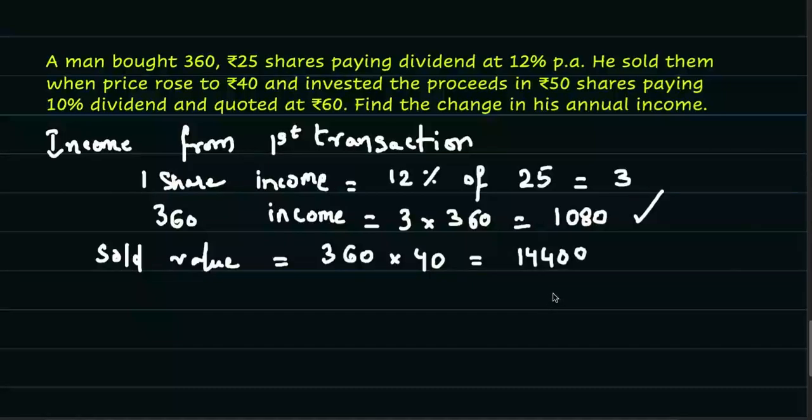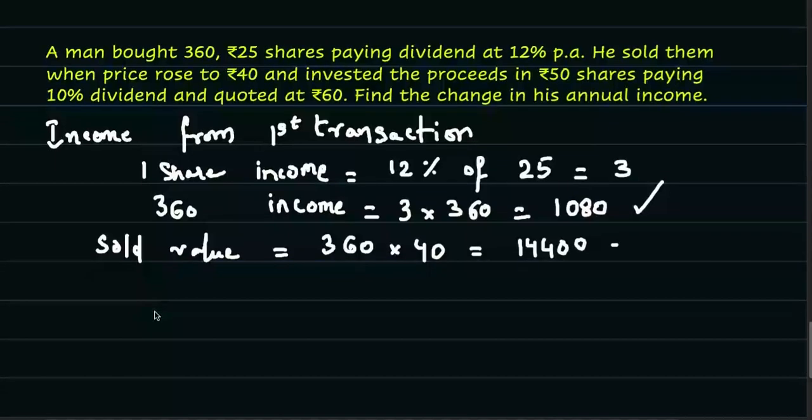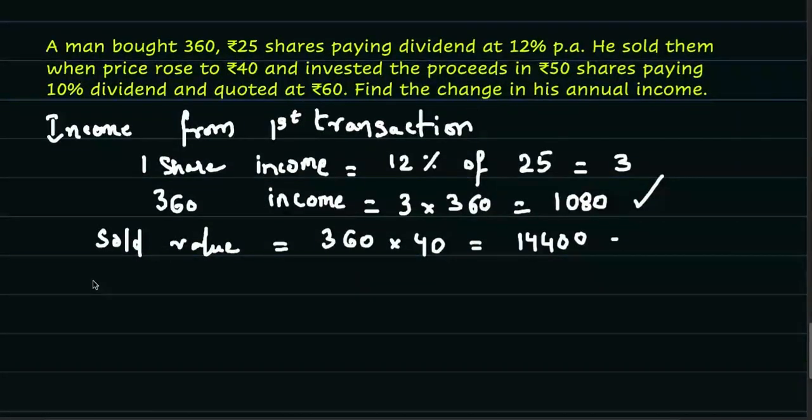This is something he has got. 14,400 sale proceeds. Okay, this is the sale proceeds. Now he has utilized the same proceeds to get rupees 50 shares. How many will he get?